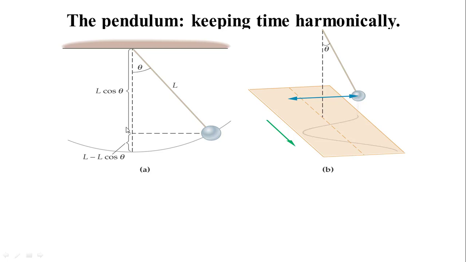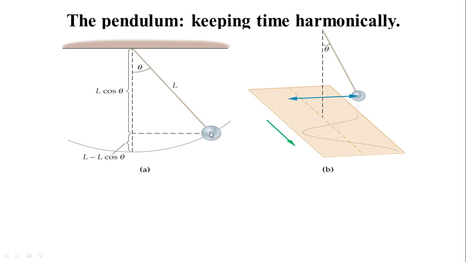In diagram A we can show L cos theta and L minus L cos theta, where L is the length. In a circular path of the pendulum, this is the shortest distance between the equilibrium position and the mass of the bob, and this is called the displacement, and the force is directly proportional to its displacement.